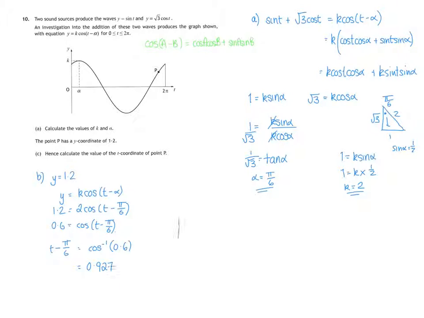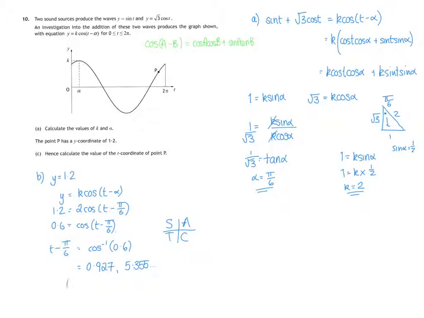That is our first value, and we know that our point is in fact in the fourth quadrant, so we're going to have to find our second value. We take that first one away from 2 pi to get our second value, and that is 5.355, and then it just keeps going.